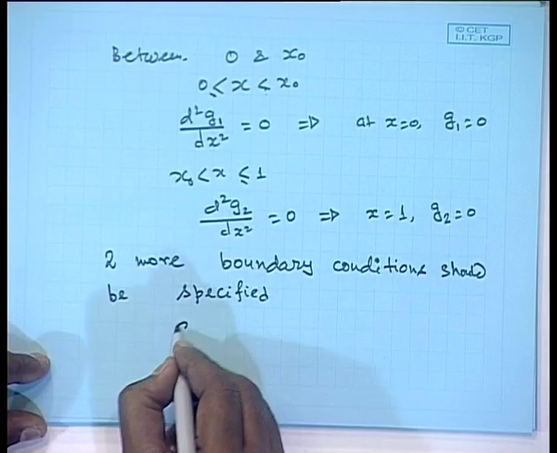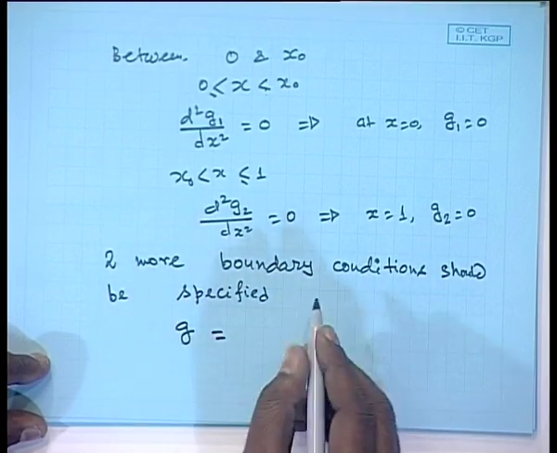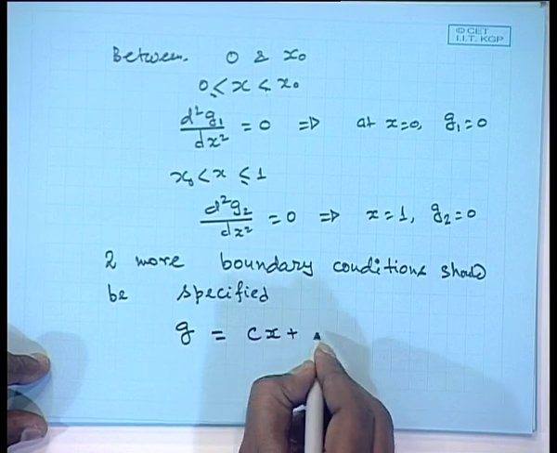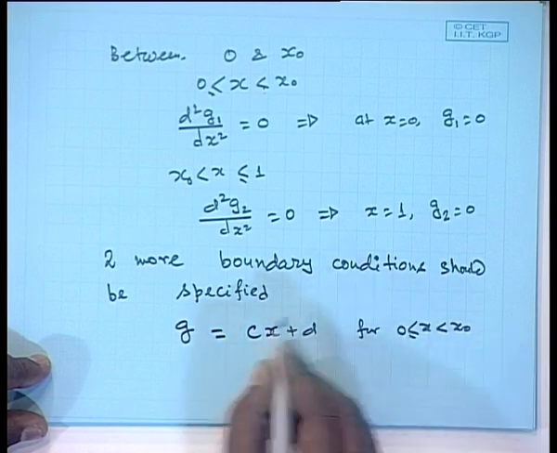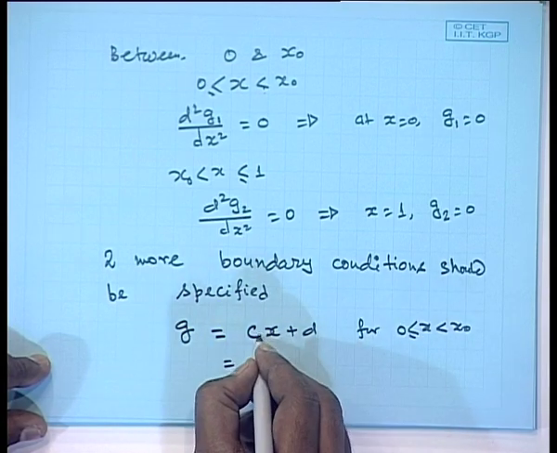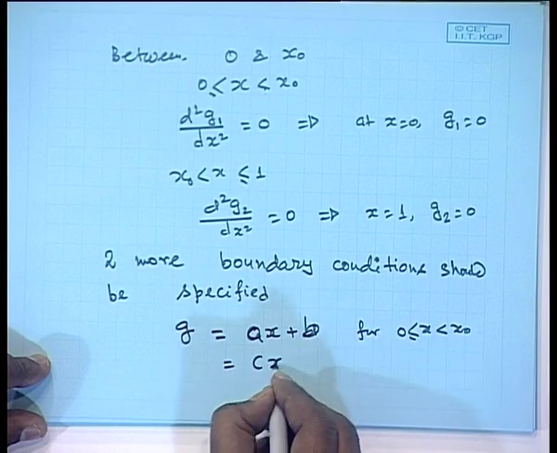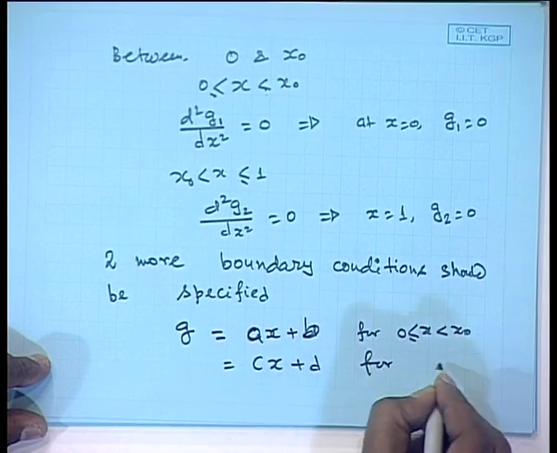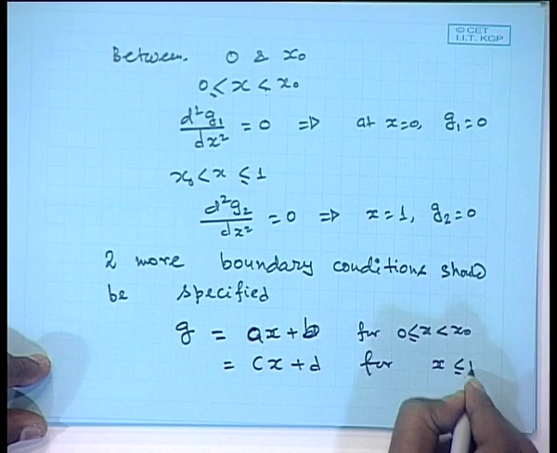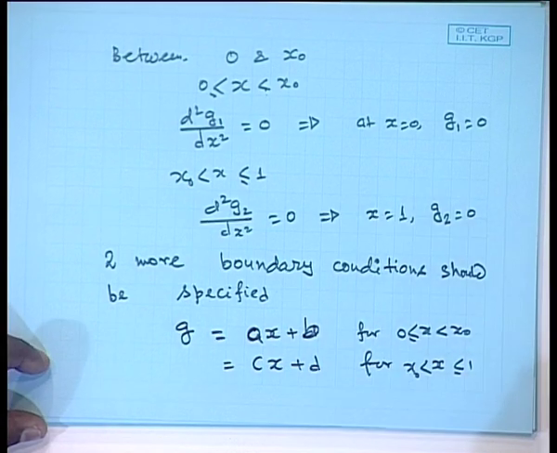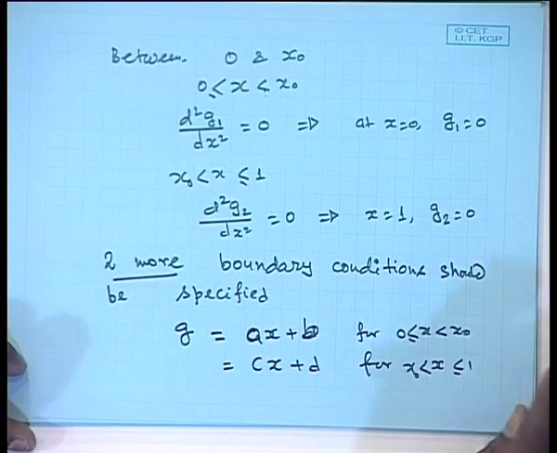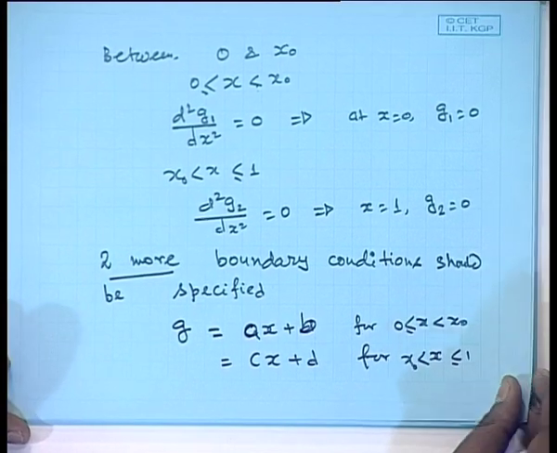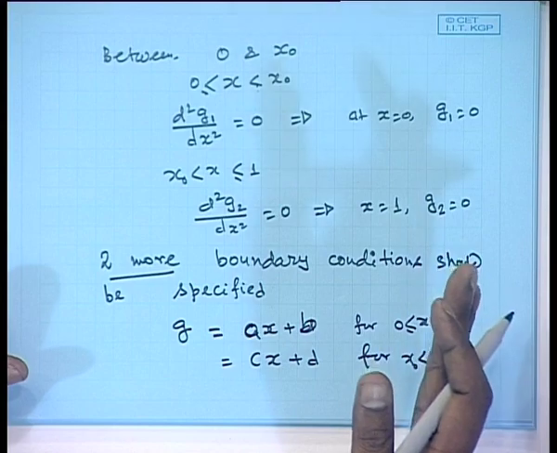So, G in a compact form you can write as Ax plus b for x lying between 0 and x naught, and Cx plus d for the other domain, x naught and 1. Now, the two more boundary conditions are obtained by assuming the continuity of the Green's function across the point x naught.